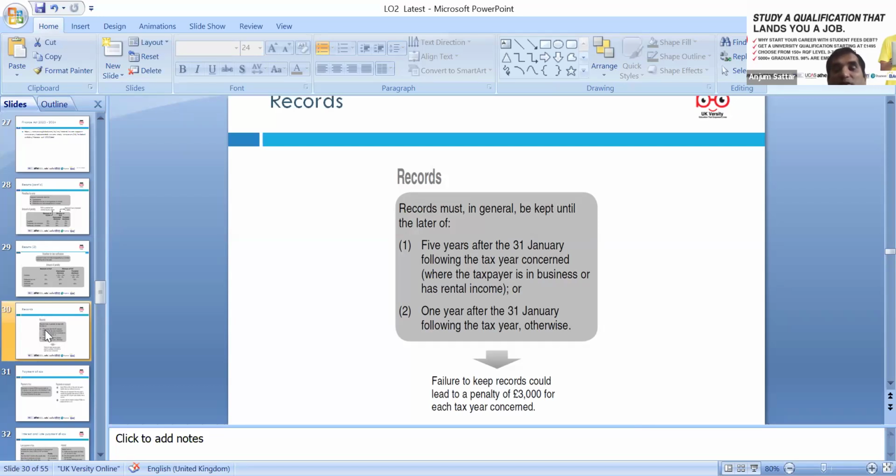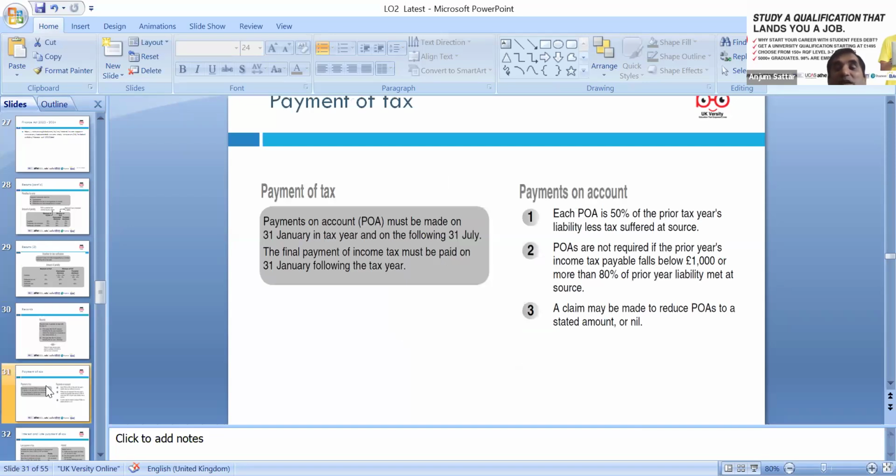Failure to keep the record leads to a penalty of 3,000 for each tax year concerned. The inspector carries on visiting and sometimes uses judgment on the nature of the business if the records have been destroyed.